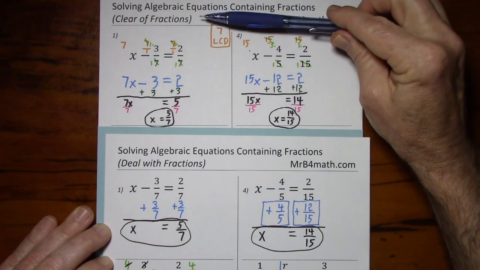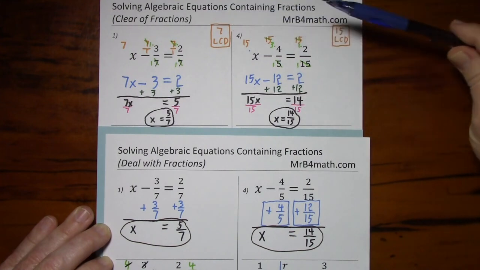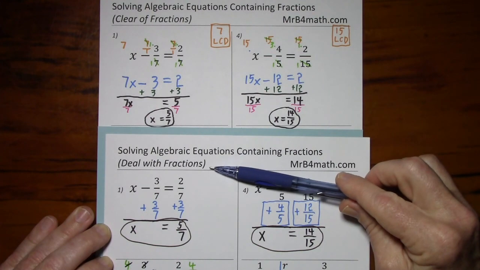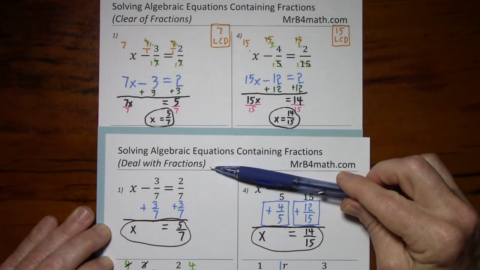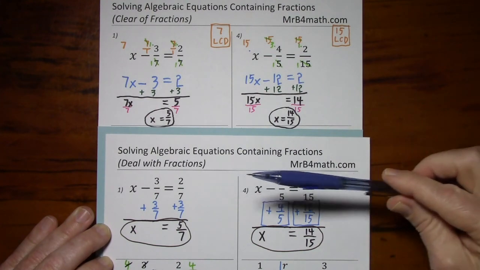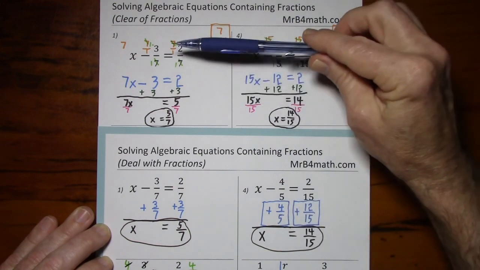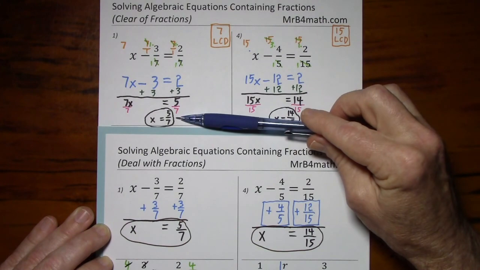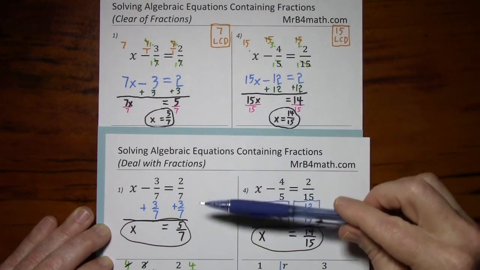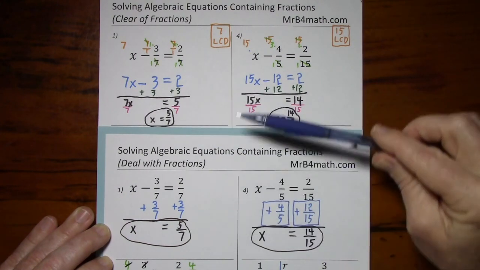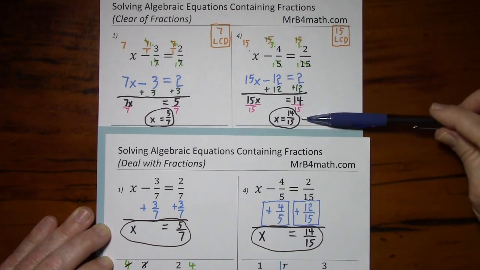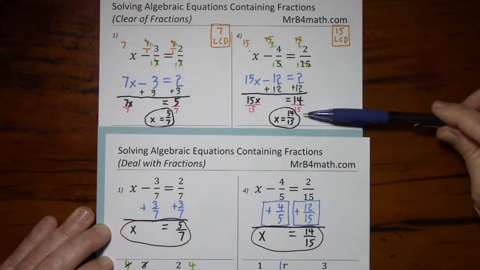I'll mention that in clearing of fractions, I'm working the same 10 problems that I did dealing with fractions, just to emphasize that you have the option of either method to solve the equation. And as you can see on number 1, clearing of fractions, we got 5/7. Dealing with fractions, we got 5/7. On this one numbered 4, clearing of fractions, we got 14/15.